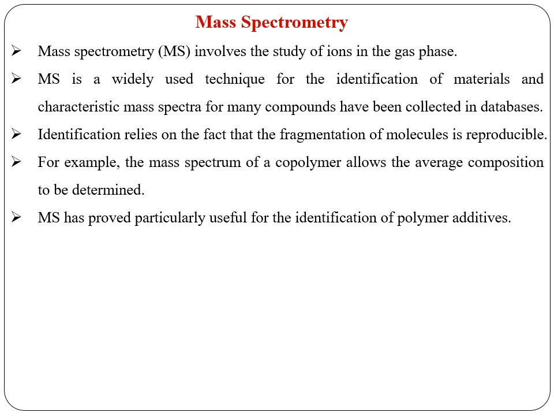The identification by this technique relies on the fact that the fragmentation of molecules is reproducible. For example, the mass spectrum of a copolymer allows the average composition to be determined. And mass spectrometry has proved particularly useful for the identification of polymer additives.